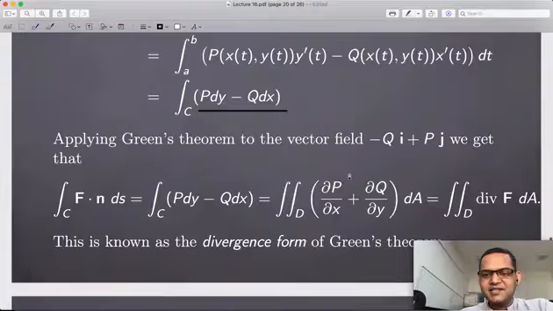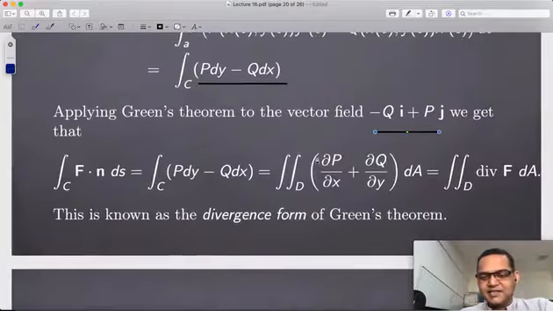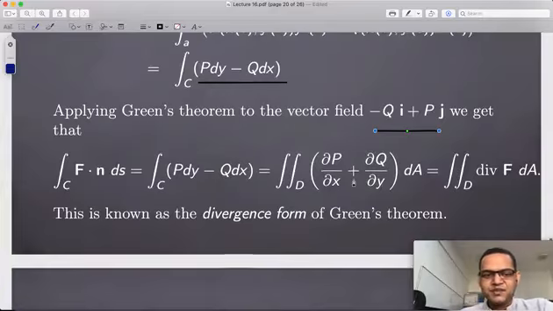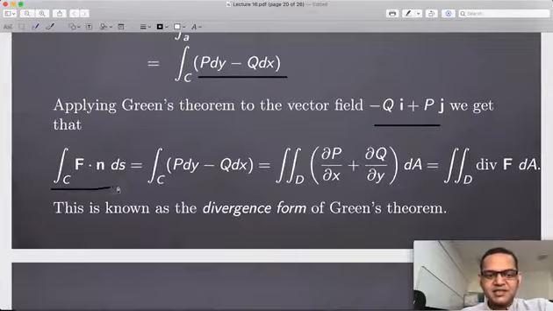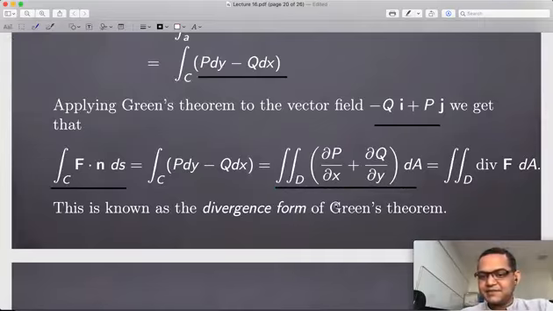So if I apply Green's theorem to this new vector field, I get this. Okay, because del q by del x, but here q is your p, and then there was a minus sign, and this minus sign is making it plus. So basically what we get is that the line integral of the normal component of the vector field is basically this.